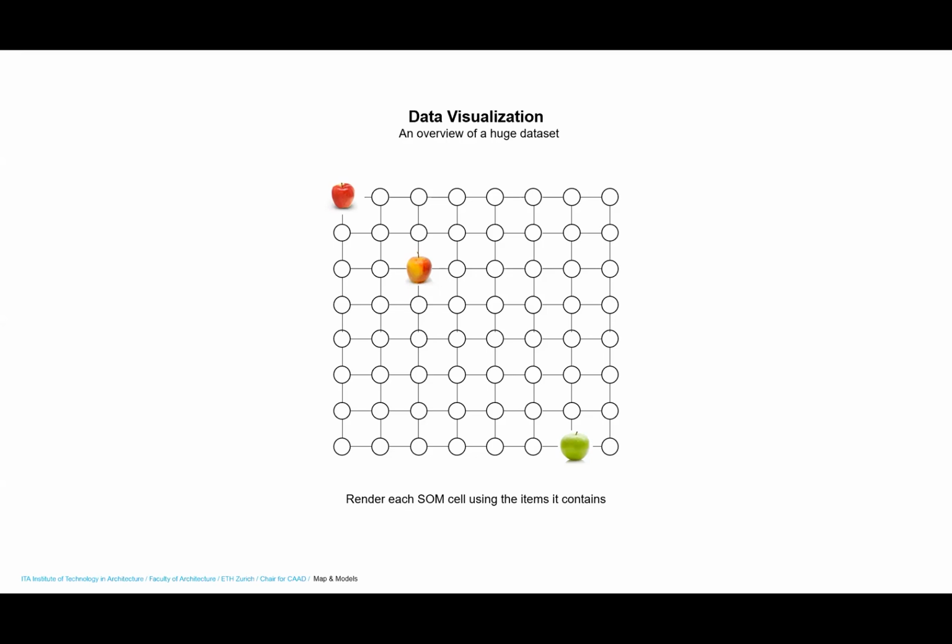And as we can expect, these cells are similar to their neighbors, and they make a kind of smooth changing pattern. So for example, in this diagram, I have a red apple on the top left corner and then a green apple at the bottom right corner. And then somewhere in between, there's an orange or yellow apple.